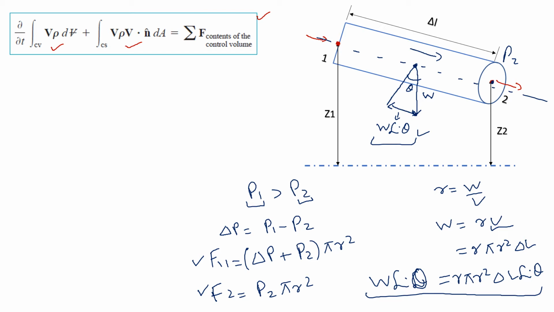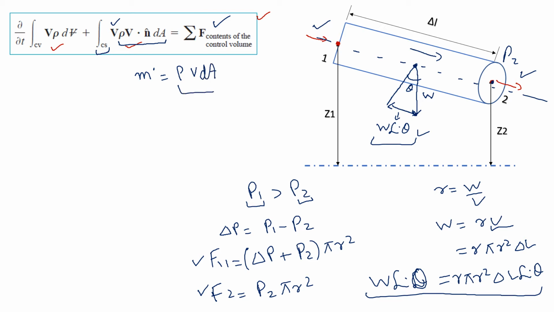So these are the forces that we are going to add up, and then there are two control surfaces, control surface 1 and control surface 2. We will take the velocity at control surface 1 and control surface 2, and then these terms, rho v into A, will come out to be m dot. M dot is our mass flow rate, and that is equal to rho v dA.